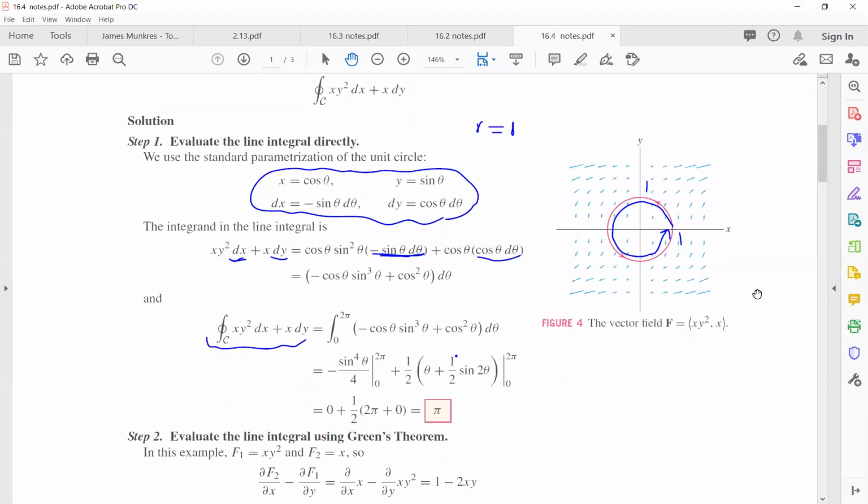Let me write it here for you, then take the integral. So you can write cosine squared of theta as 1 plus cosine 2 theta divided by 2.